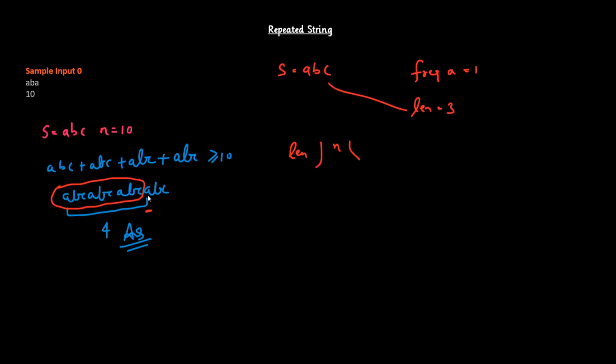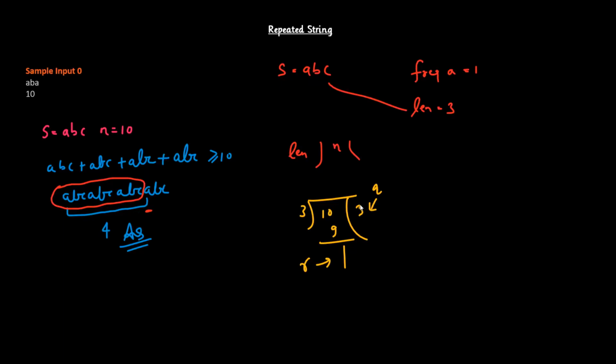So the string length is 3, and N, the given length, is 10. It will go 3 times, which is 9. So this is the Q, guys, and this is R, the remainder. The quotient 3 tells that it's divisible completely by 3, and 1 is the extra remainder.